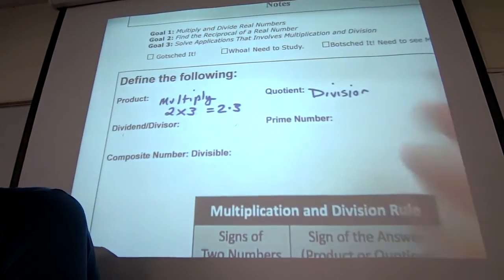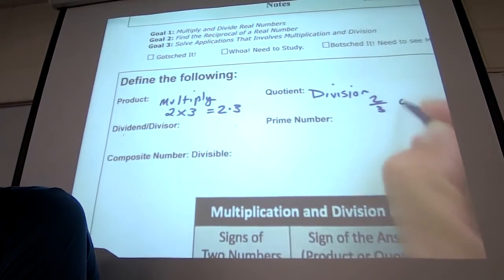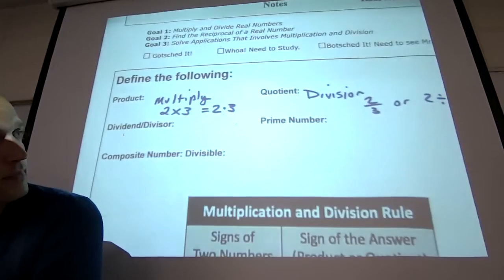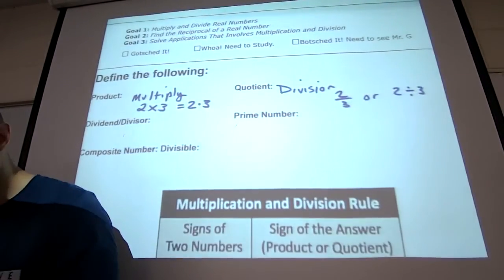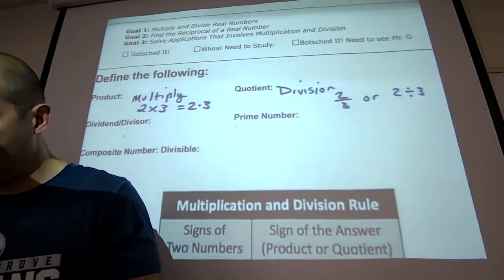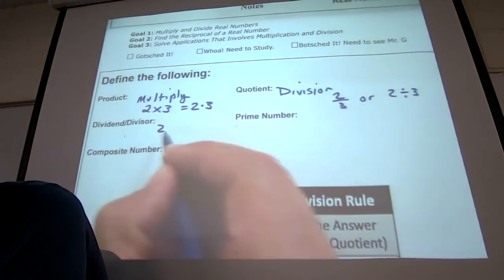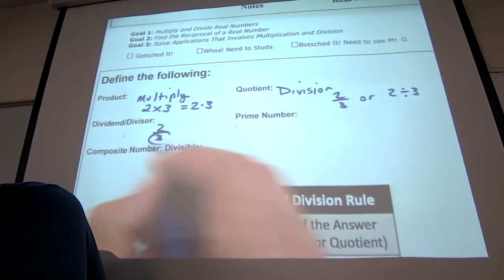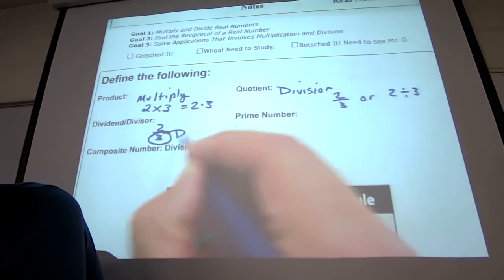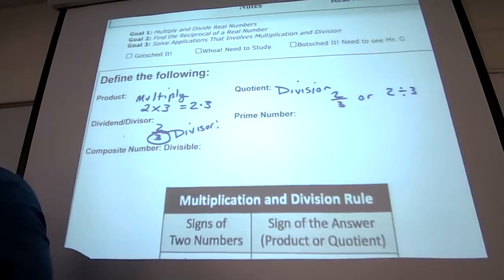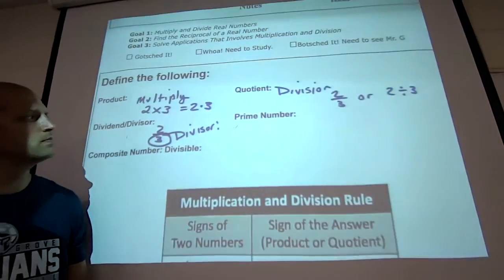Again, that would be like 2 over 3, or 2 divided by 3, like that. The dividend and divisor: if I have 2 over 3, your divisor is this guy.